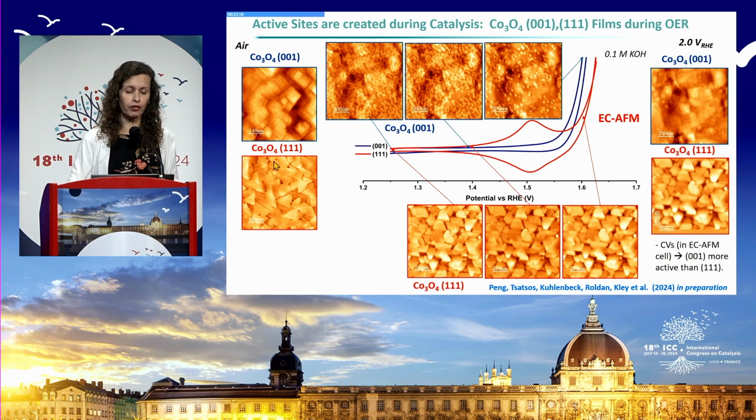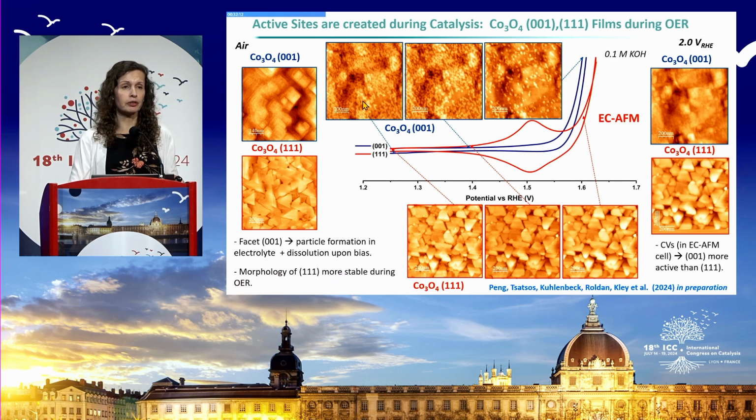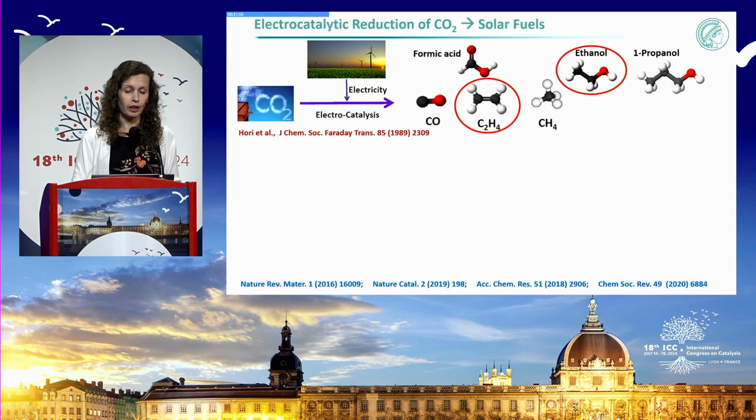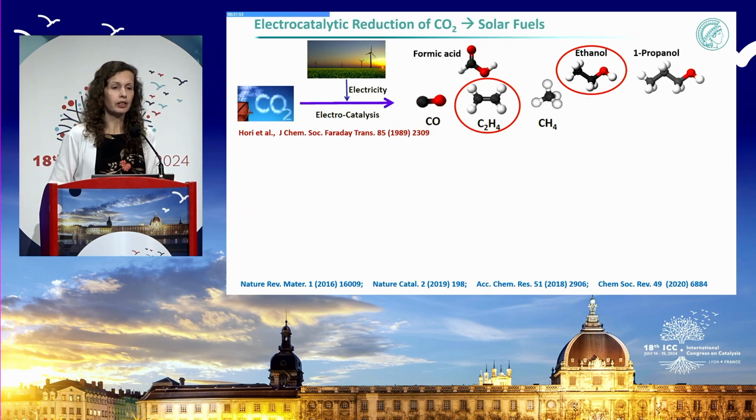So only looking before the reaction and after the reaction is not going to show us these changes. And what is interesting is to know that the initial structure of the catalyst affects how it's going to change. So it matters whether you start with 001 or 111, but it's not true that it will not change, right? It is really very, very morphologically unstable.